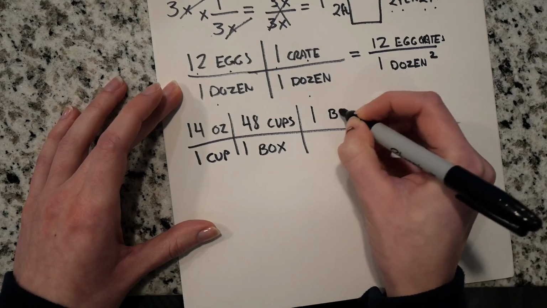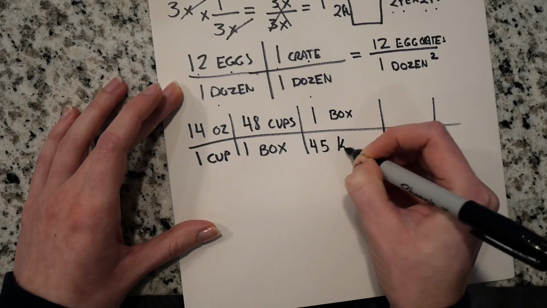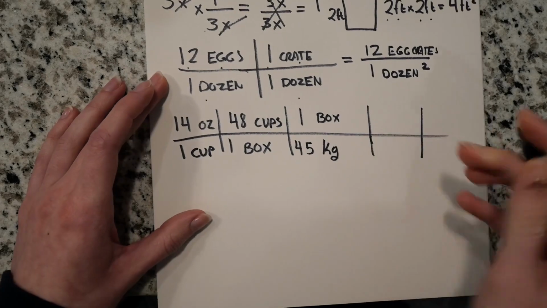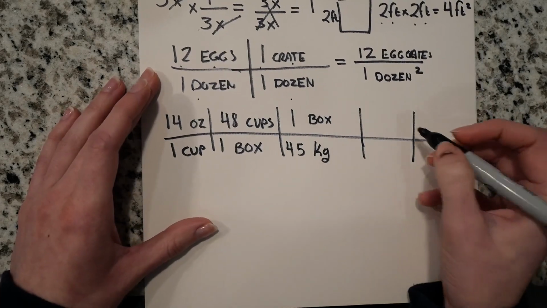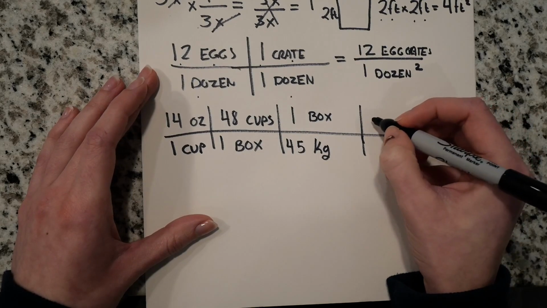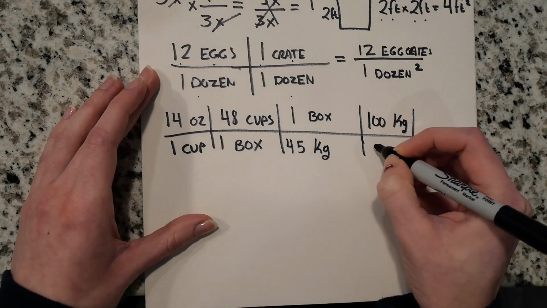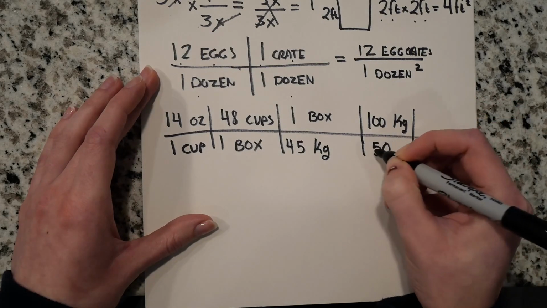Each box weighs 45 kilograms. Again, this is just arbitrary. These probably don't exist. That's a very heavy pudding. And then we say for every 100 kilograms, you get $50 for your pudding.